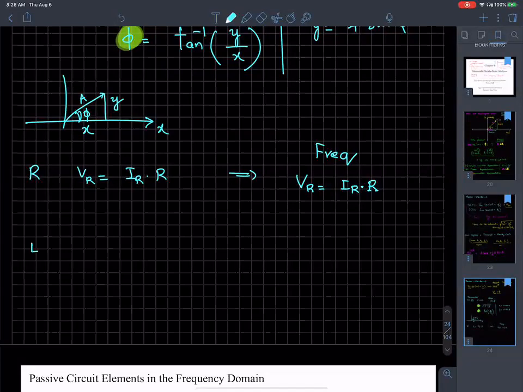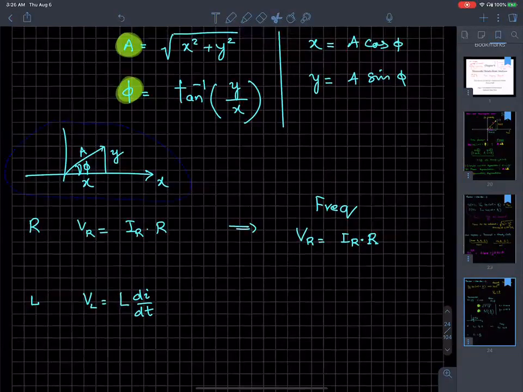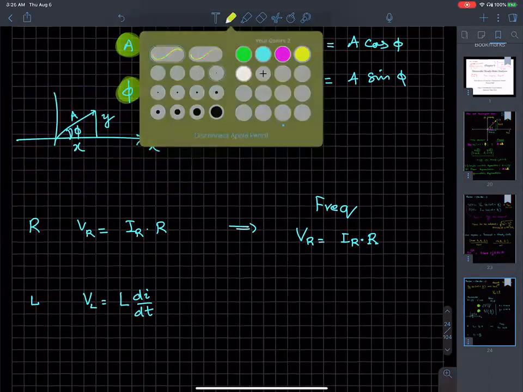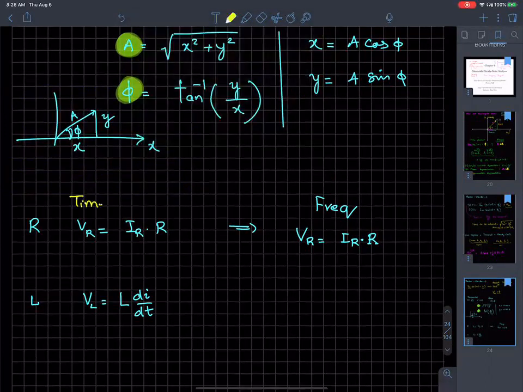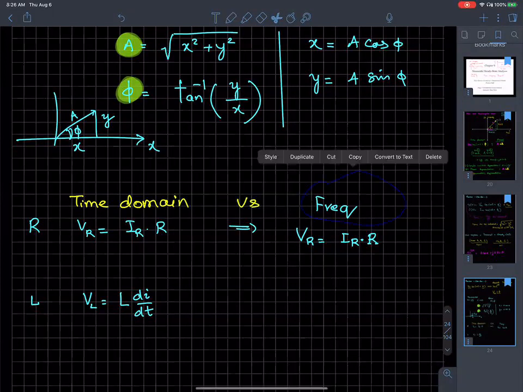Let's look at the inductor in frequency domain. V of an inductor is L di by dt. That was the governing equation in time domain. So I'm going to write this as time domain, versus this to be frequency domain.